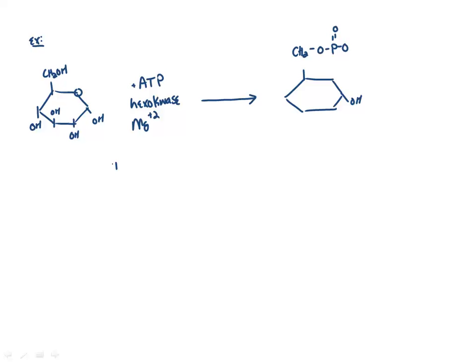Oh, I forgot to add the phosphate group in there. No, the phosphate group technically comes from ATP. You guys are familiar with the structure of ATP? This really stands for adenosine triphosphate.